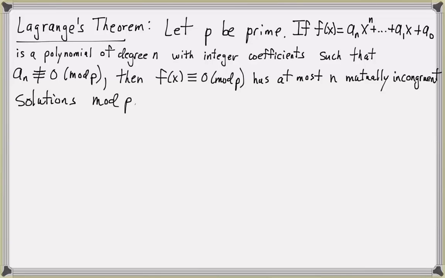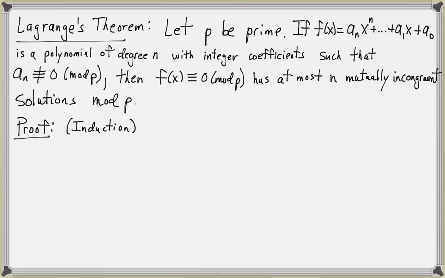I actually used Lagrange's theorem in the proof that every prime number has a primitive root, and I said we'd prove this theorem later. So we're going to prove this theorem now, and the proof is by induction on the degree n.